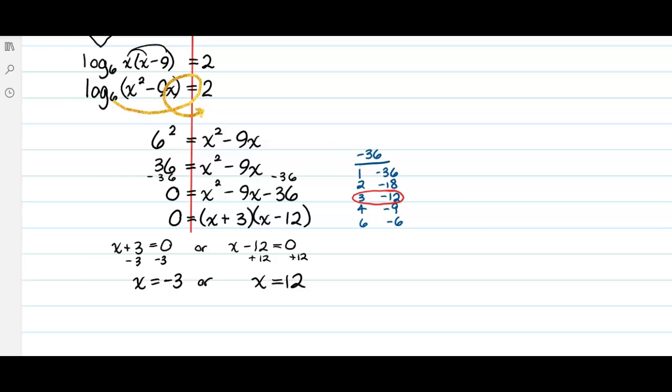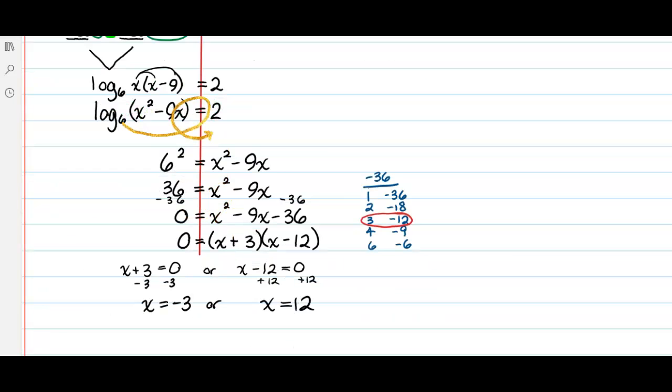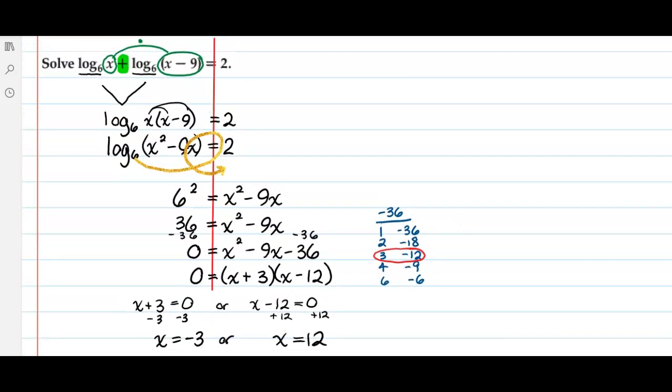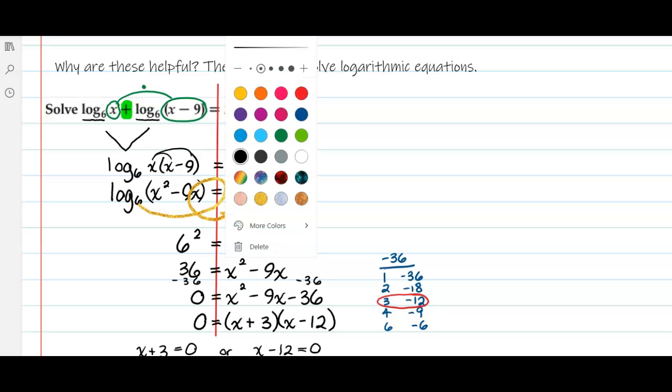Now we need to go back and check both of these solutions in our original equation. Because sometimes you can pick up an extraneous solution when you're solving logarithmic functions, you need to make sure to test both of these solutions back in our original problem. So let's take x equals 12, our positive solution, and go back to our original equation.